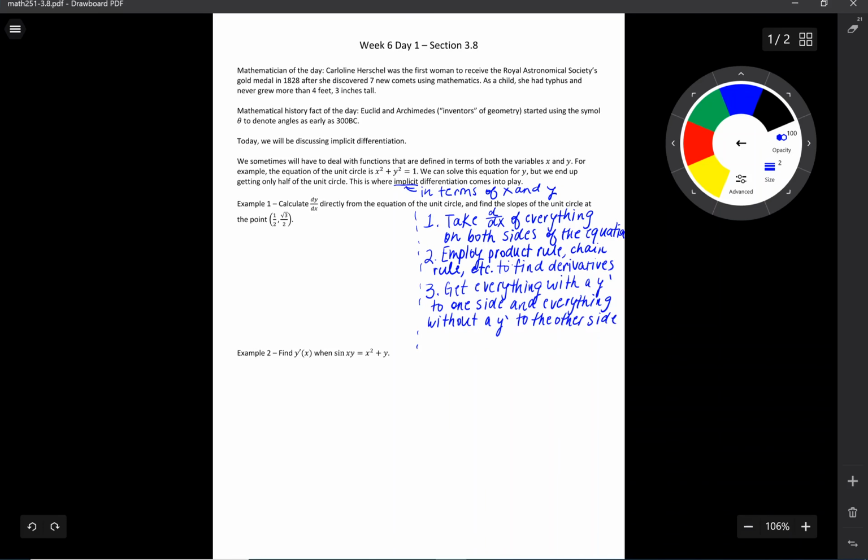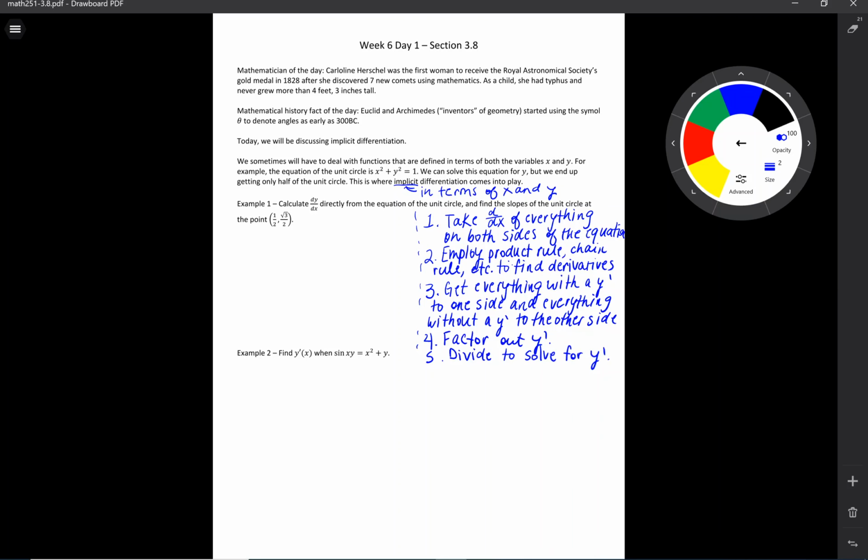Okay, then I factor out y prime. And finally, I divide to solve for y prime. Again, once we do an example, this will make a lot more sense.